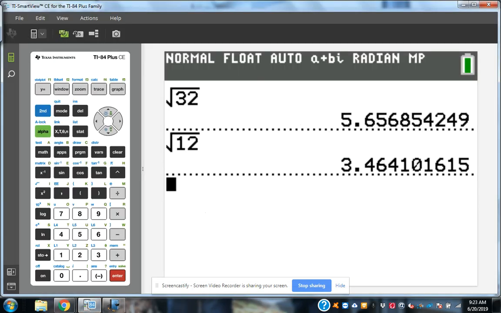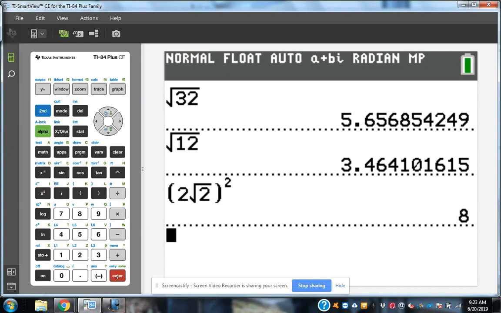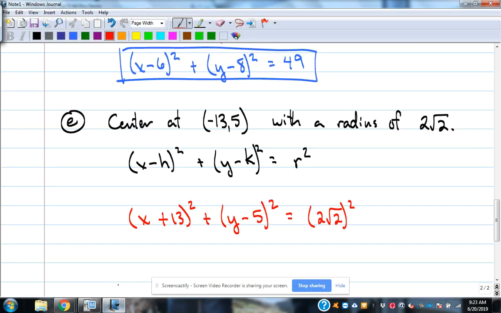I'm just going to go to my calculator, and put in parentheses 2 square root of 2, and then press the right arrow key to get out of the parentheses. Close up those parentheses and square it. And get an 8. So for the final answer, we need to change that to an 8 there.